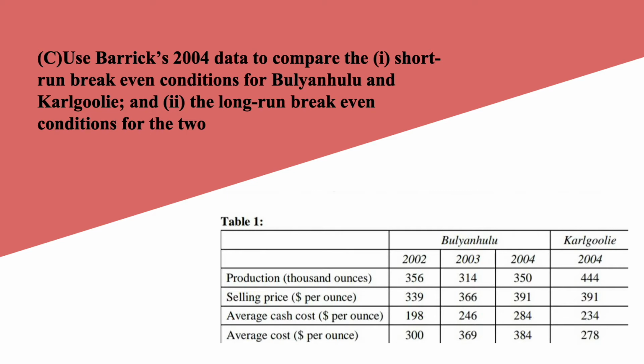Thus, in the short run, the break-even condition of Company B will be 384, and Company K will be 278. In the long run, ignoring the amortization fee, the break-even point will be 284 and Company K will be 234. And I'm done with my question.